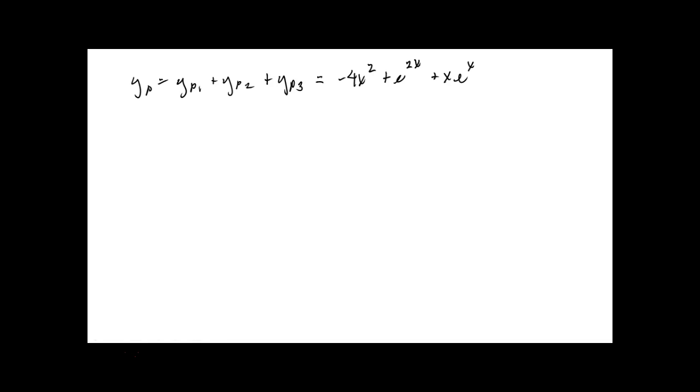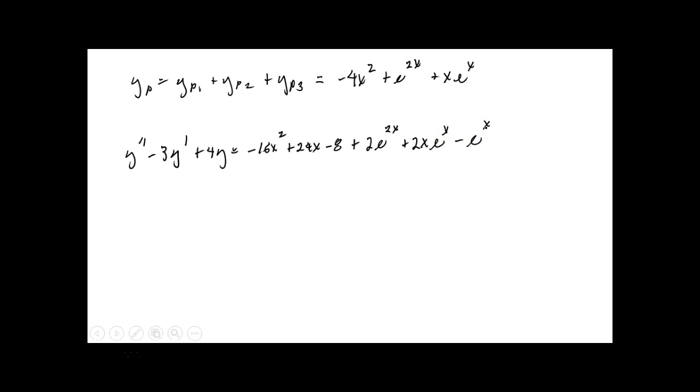So this will be a particular solution to the differential equation that starts just as before, y double prime minus 3y prime plus 4y is equal to minus 16x squared plus 24x minus 8 plus 2e to the 2x plus 2xe to the x minus e to the x.